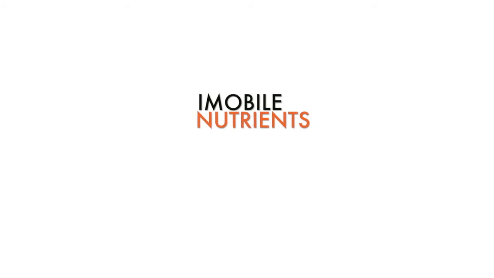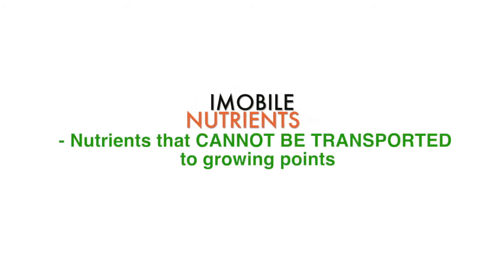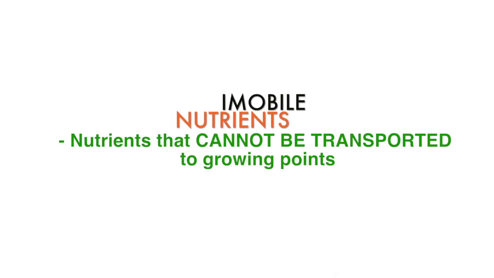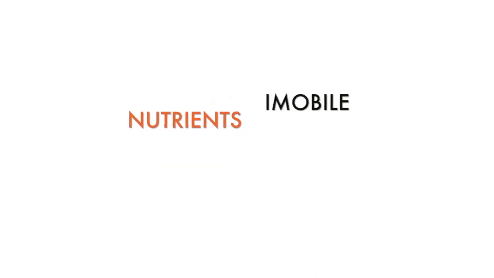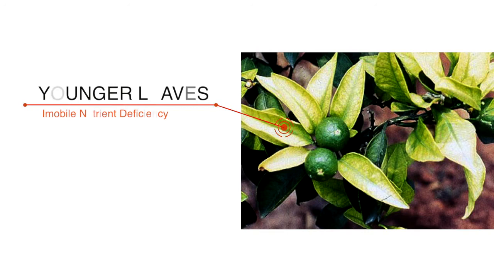Immobile nutrients are those that cannot be transported to growing points. Deficiency symptoms will appear in younger leaves, like calcium, iron, and zinc. As in the case of calcium, when there is not enough, it cannot be transported to growing points.